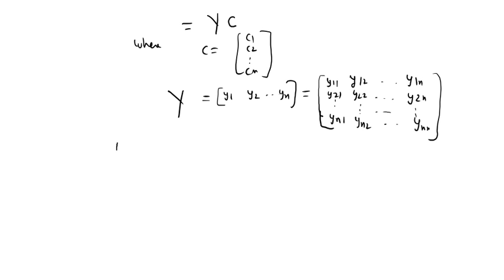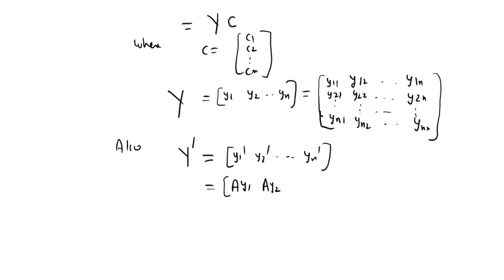Also, if you differentiate, Y dash will be y1 dash, y2 dash, yn dash. And y1 is a solution, so it will satisfy the system. So y1 dash will be A y1, y2 dash will be A y2, and so on. Yn dash will be A yn.